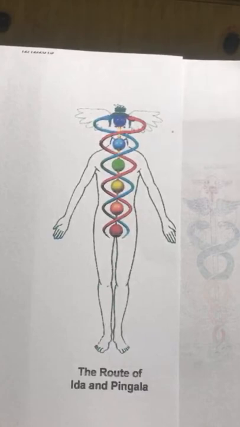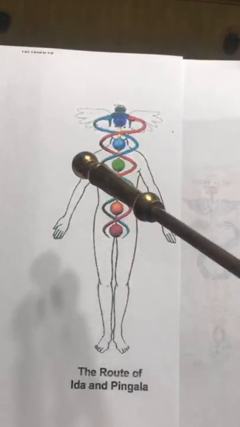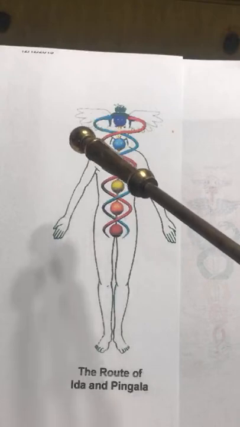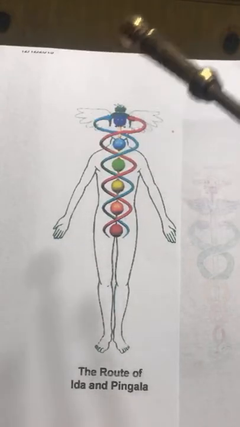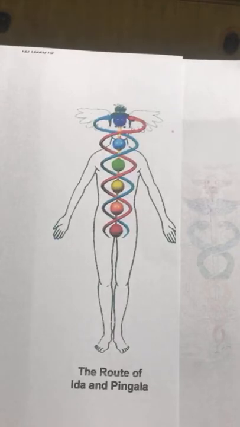The picture. Okay, so on this person, the right nostril is on this side, and this should have the red coming down.